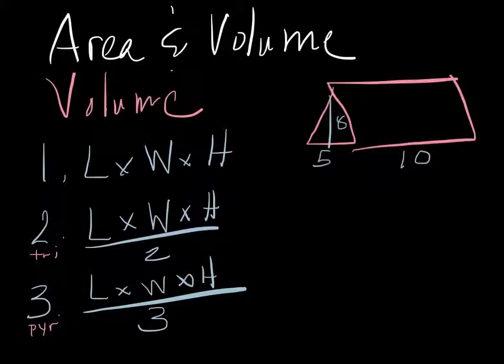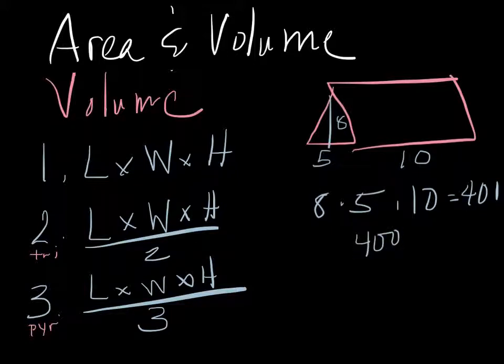So you can do 8 times 5 times 10, which becomes 400. But because it's a triangular prism, you're going to do 400 divided by 2, and that comes out to be 200. If this were a triangular pyramid, I would also divide by 3. Or if it were just a pyramid, I'd take that 400 and divide it by 3.